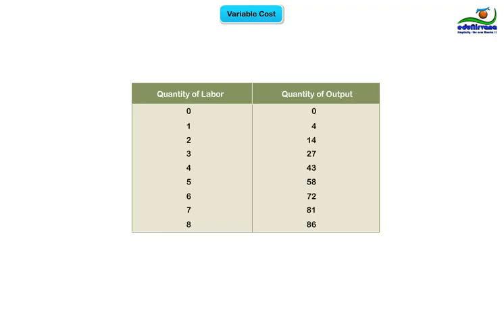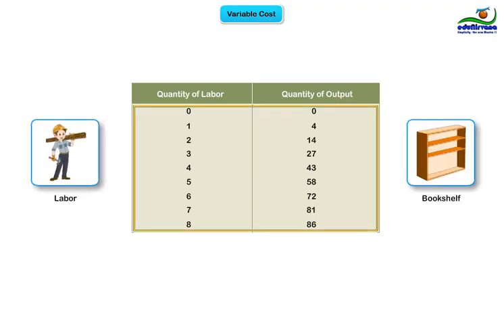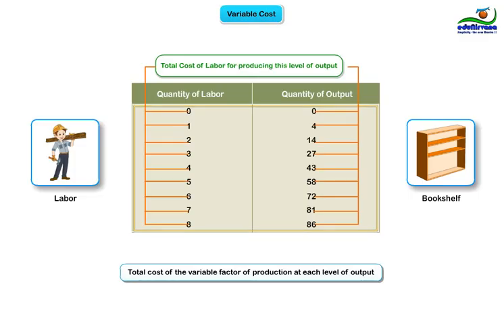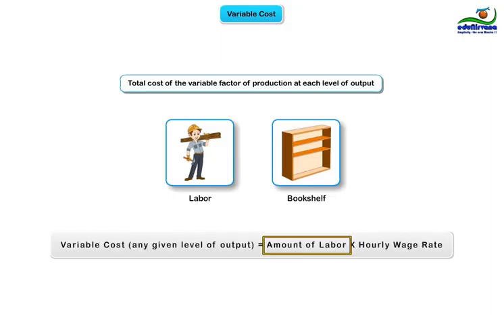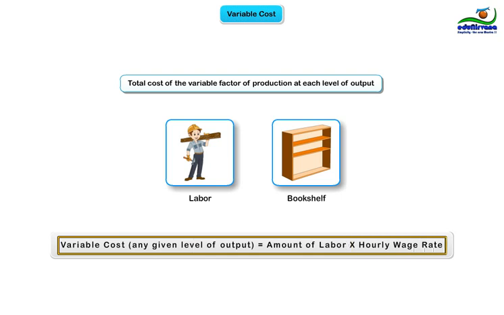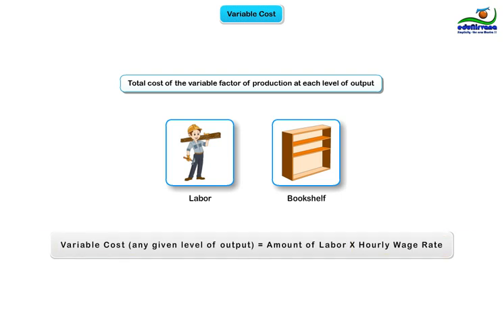Now, let's see the cost of variable inputs, that is, variable cost, VC. It is defined as the total cost of the variable factor of production at each level of output. To calculate VC for any given level of output in this example, we simply multiply the amount of labor needed to produce that level of output by the hourly wage rate.